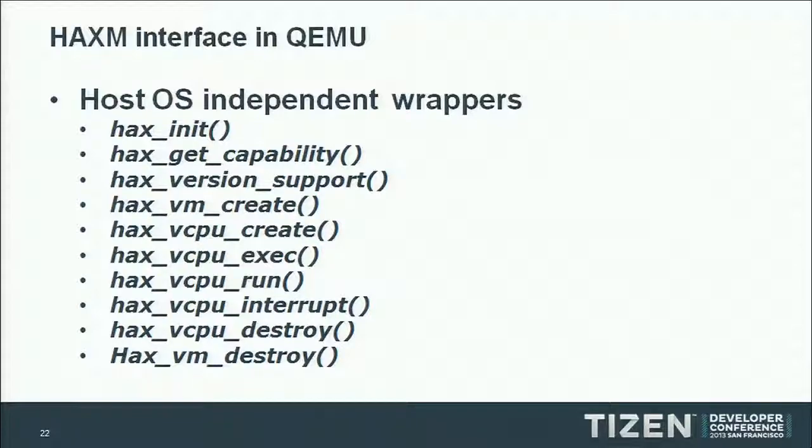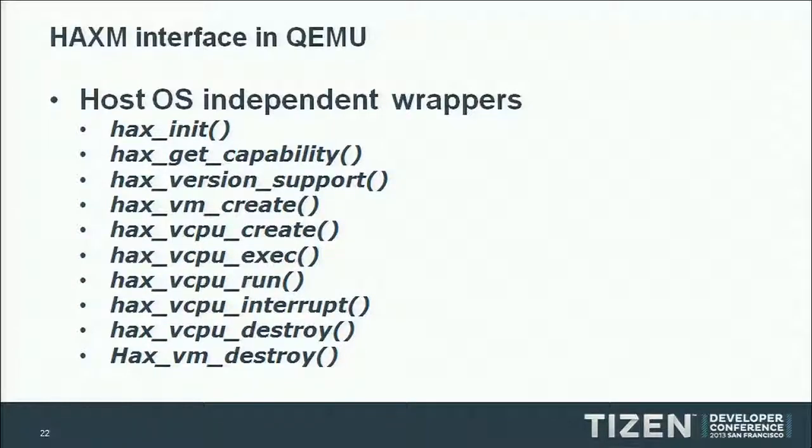HAX init is to open the HAXM device and do some initialization work. Others get the capability of the HAXM, get the version of HAXM, create a virtual machine structure for the HAXM, and create a virtual CPU structure for the HAXM.